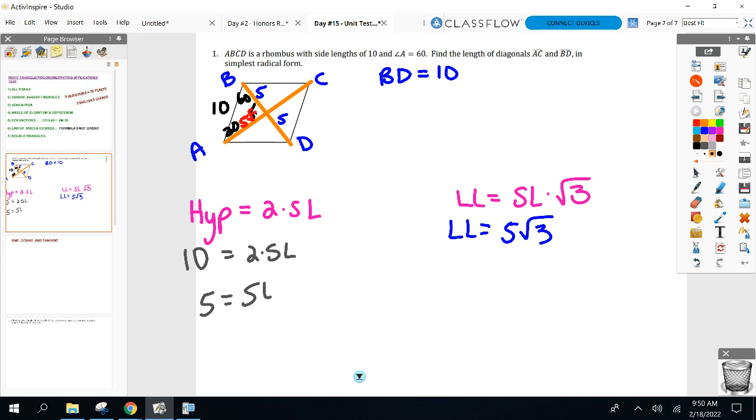They bisect each other, so 5 radical 3 plus 5 radical 3. Can we add those? Yeah, we can add them because they have the same radical. So AC will be 10 radical 3.